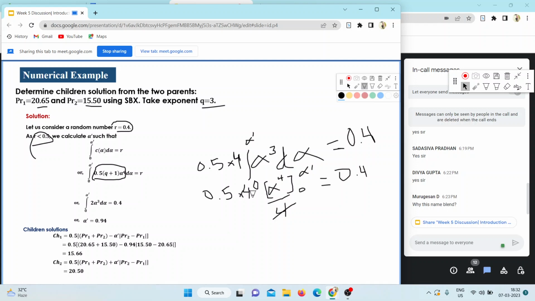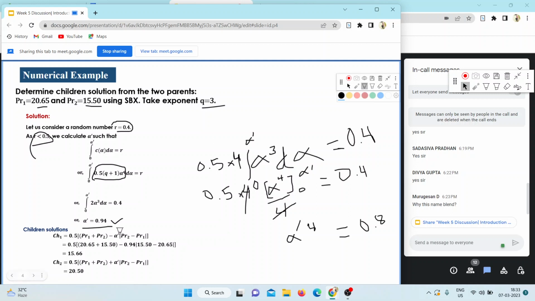You cut this 4 with this 4, and that will be 0.4 by 0.5, which is 0.8. So alpha dash to the power 4 equals 0.8, and when you solve this, you will get alpha dash as 0.94.